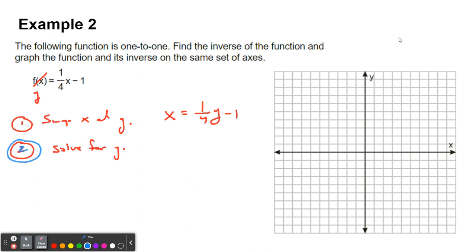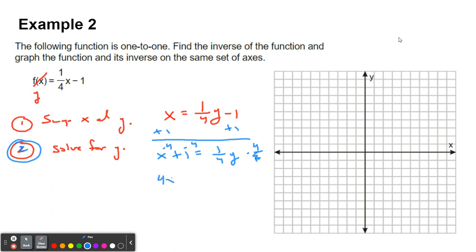So let's do this second step in blue. So let's add 1 to both sides. So this is x plus 1 equals 1/4 y. And now let's multiply by the reciprocal of 1/4. The reciprocal of 1/4 is 4 over 1, or just 4. And you have to do it to everything. The x, the 1, and the 1/4 y.